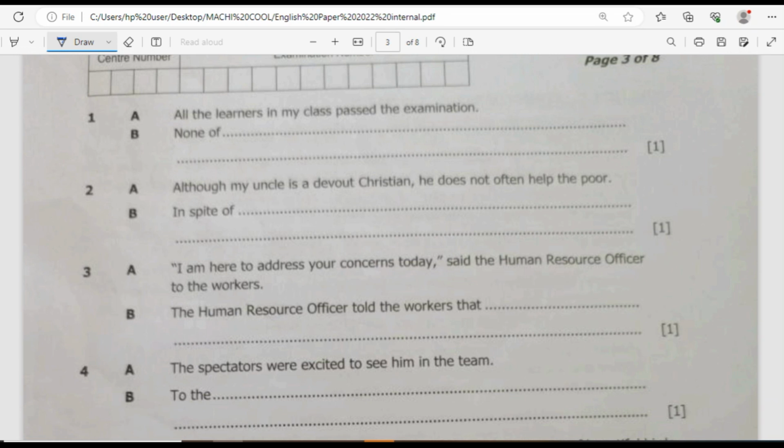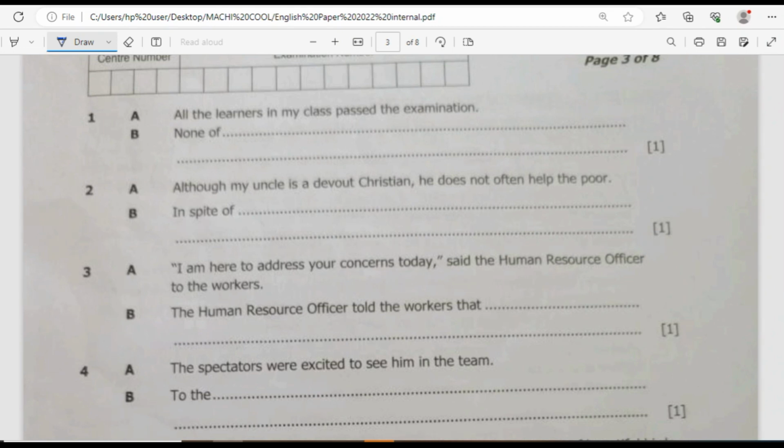So we have number one. We are saying that all the learners in my class passed the examination. So what can mean to pass the examination? We are saying that none. If we say none, then in the sentence there must be failure, where we say none of the pupils failed. It means that all of them had passed the examination.